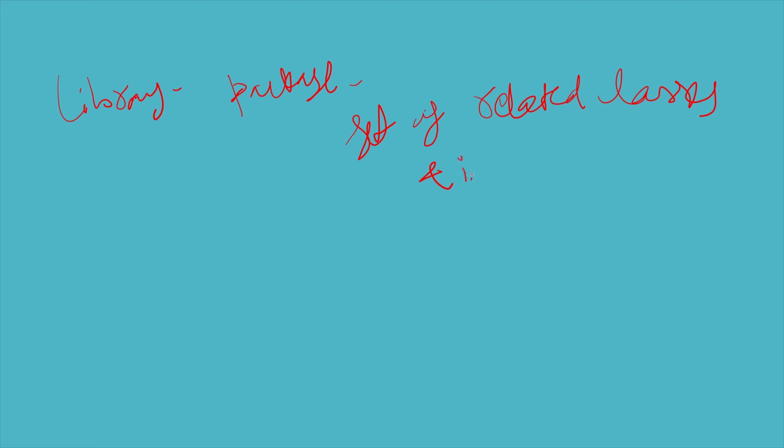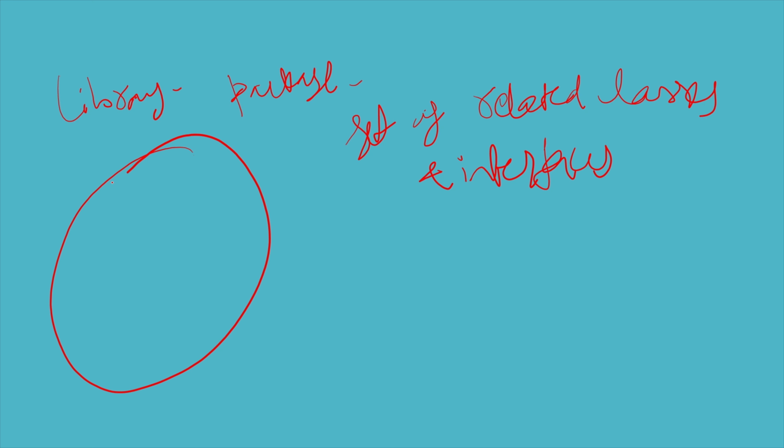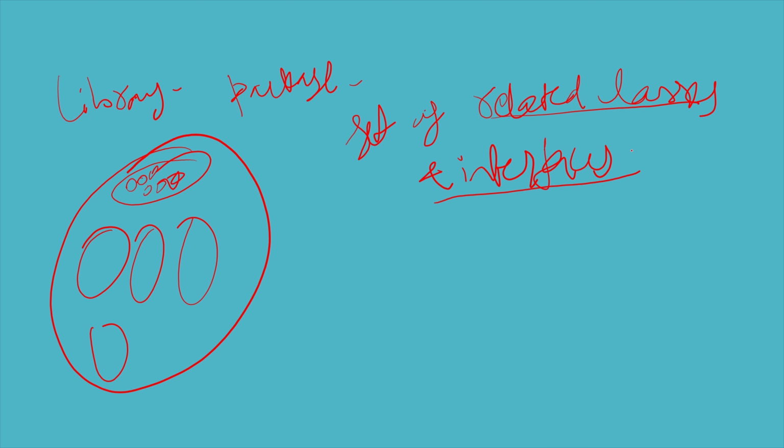In Java, a library is a collection of packages, and each package contains a set of related classes and interfaces. We will talk about these classes and interfaces in a later part, but assume that this is a library, and inside this library you have some packages like this, and each package contains some classes and some interfaces, and those are related classes and interfaces.